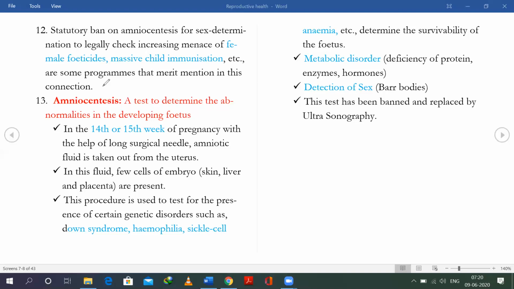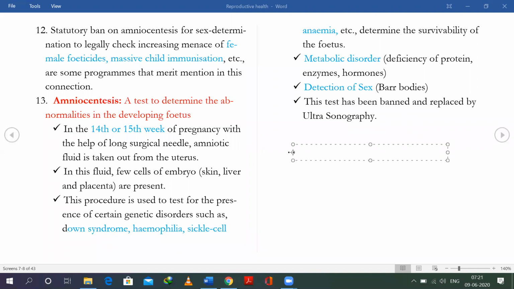The important segment is a test known as amniocentesis, a very important test to detect abnormalities in the growing fetus. It is a prenatal test, so that we can write here.